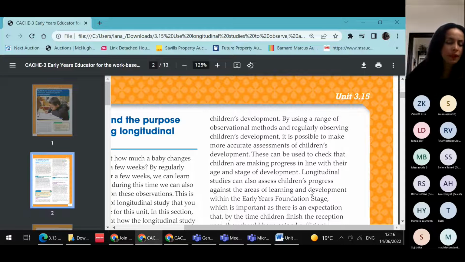Then I can compare the child to the physical development area. Is he progressing well? So not only do I compare him to the children of his age, I compare him to the stage of development. So longitudinal studies can also assess children's progress against the areas of development within the early years foundation stage.